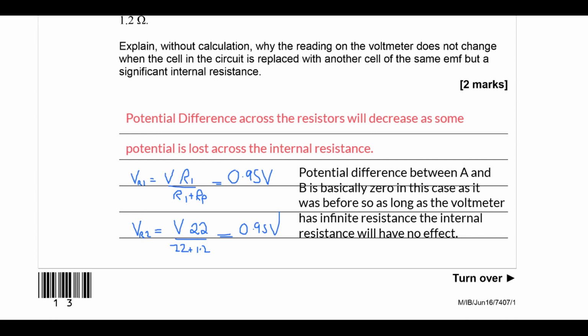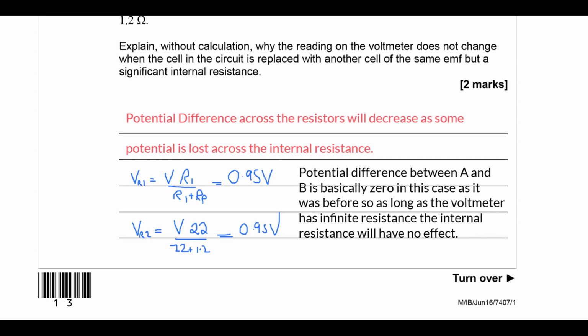Alrighty, so if we didn't have the internal resistance, this V in these equations would just turn into the EMF instead of V, but that wouldn't change the relationship between them. The potential difference would still be 0, so the voltmeter should read 0 as long as it has infinite resistance. Okay, so that's that one there.